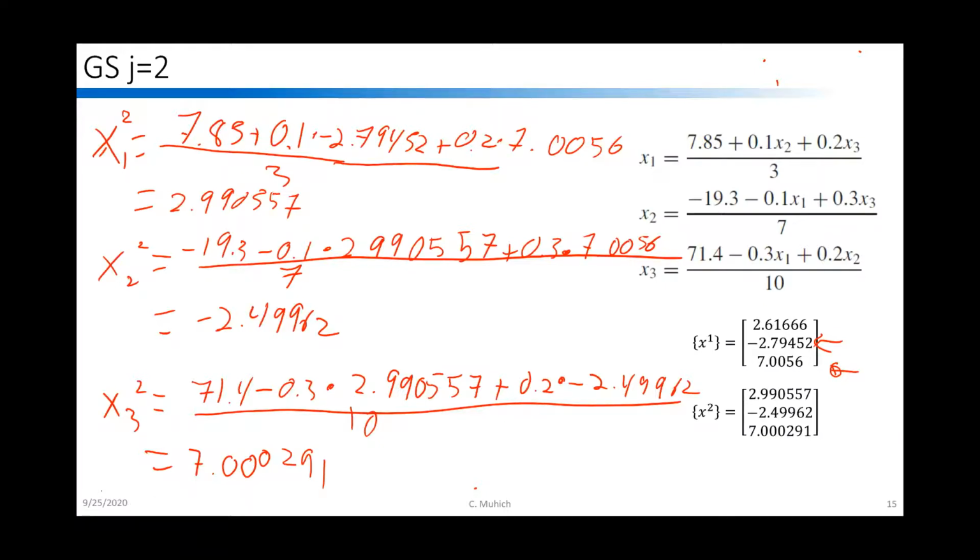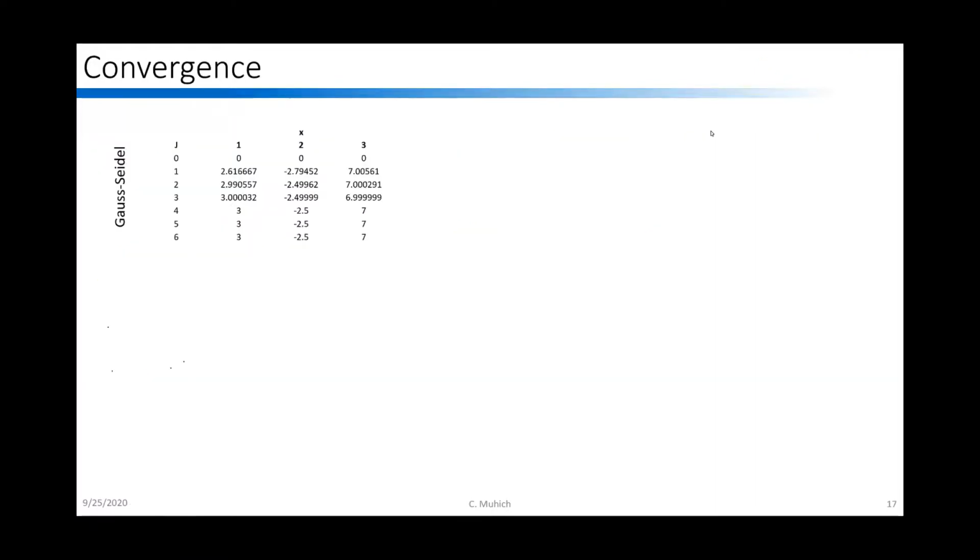And we can see already, if we compare our x1 Gauss-Seidel configurations to the second round, we're actually getting there quite quickly. So just as we did with the Jacobi method, we can take the Gauss-Seidel method and do several iterations. I've written out the different iterations indicated by J along the side.